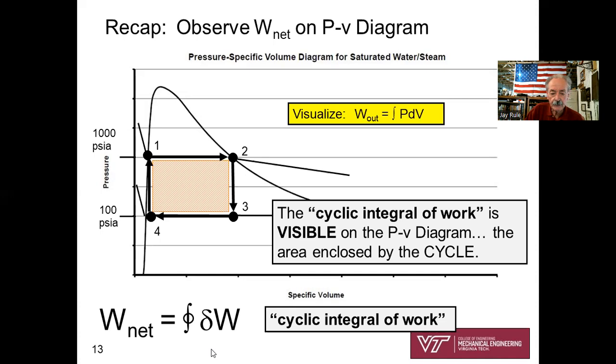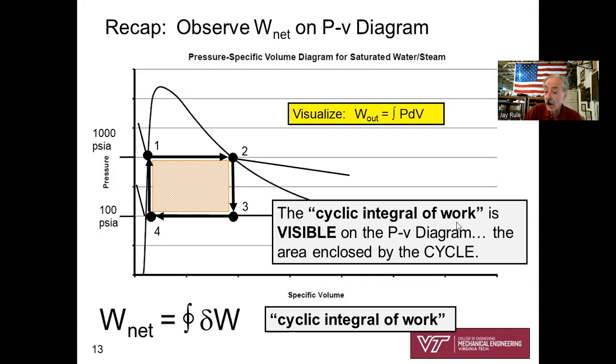Now, I hope that some of you might be thinking about going to graduate school. This nomenclature is classic of what we do in graduate school, rather than just saying W net or W cycle. It's the cyclic integral of work. So for those of you thinking about graduate school, maybe a little introduction to that.